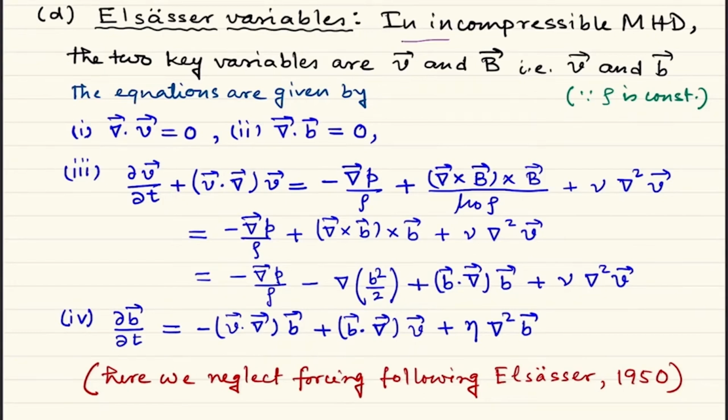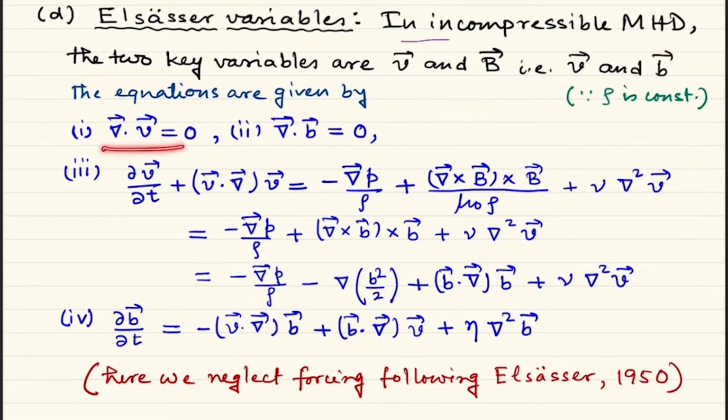And so finally the message is that in order to construct a dynamical theory, we simply need only V and B. Okay, and incompressible MHD means that the fluid is incompressible.